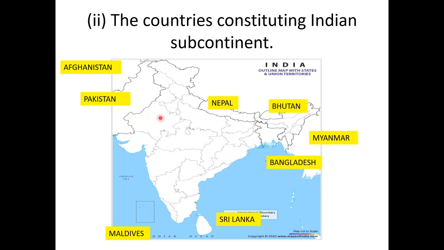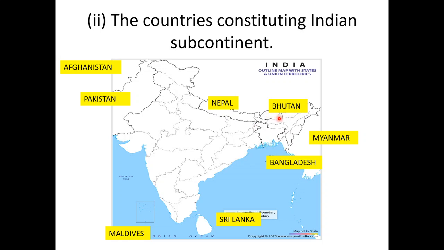Okay, look at this. After that, Nepal. Okay, this is Nepal, and the states share their border with Nepal are Uttarakhand, Uttar Pradesh, Bihar, Sikkim, okay, and little part of Bihar. Next we have Bhutan.